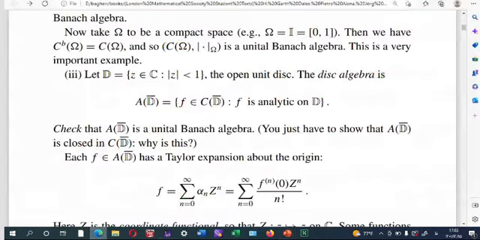and we have this example, and in this example we consider the open unit disk D, and the closure of D equals the set of all Z such that the absolute value of Z is less than or equal to 1.